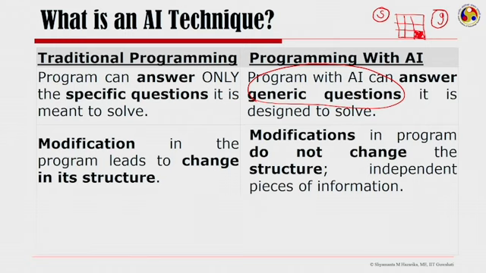This is because, as we will look at the paradigm of programming called production systems, which captures the essence of AI systems, it is made up of independent pieces of information. The rules, facts, the reasoning and the control are completely distinct elements. Therefore, modifications in one of them do not change the other or do not change the structure of the program.